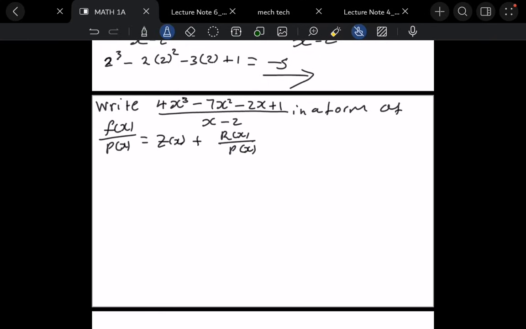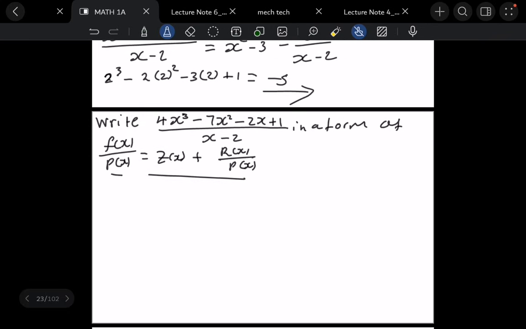Which means you need to do a long division and then write this in this form. Very, very easy.